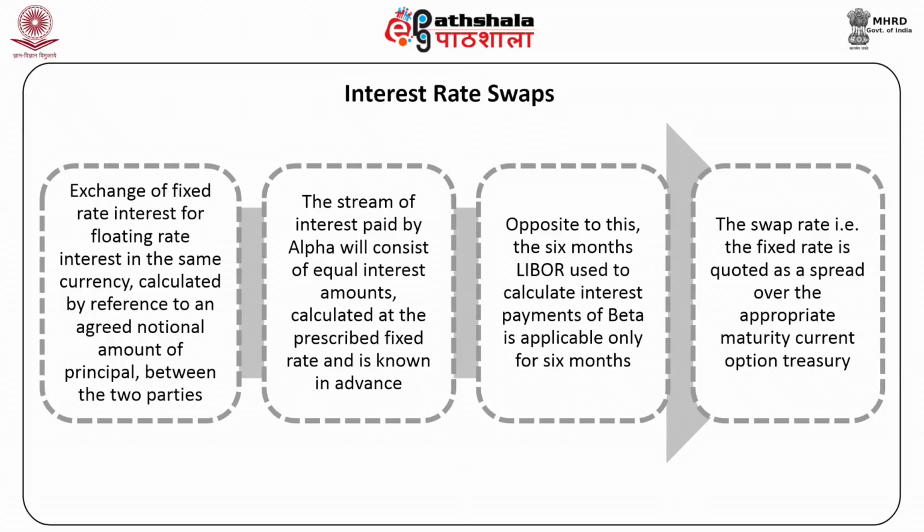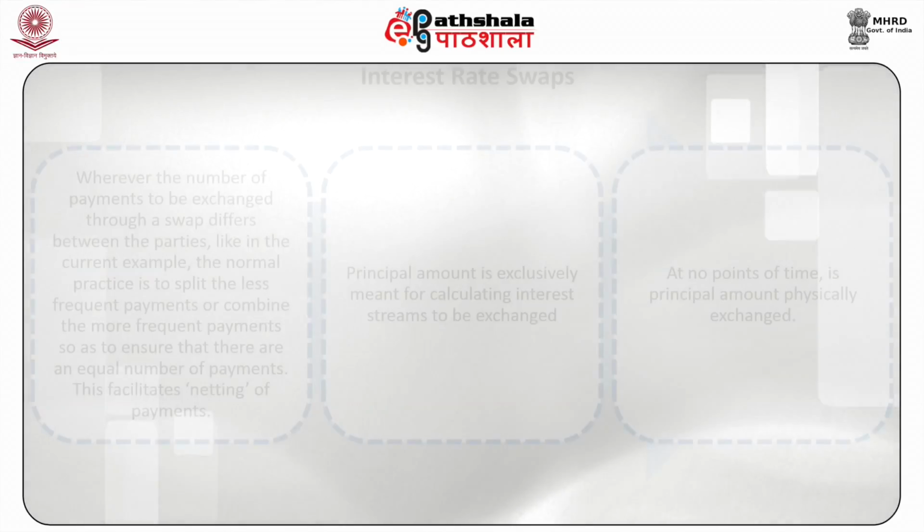Hence, in the case of Beta, only the first 6 months interest amount is known in advance. The swap rate, that is the fixed rate, is quoted as a spread over the appropriate maturity current on-the-run treasury. Payments on floating sides are usually made flat, that is with no spread on the index rate.